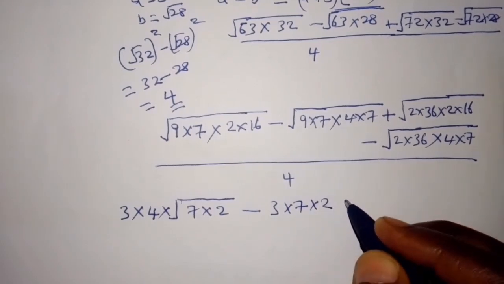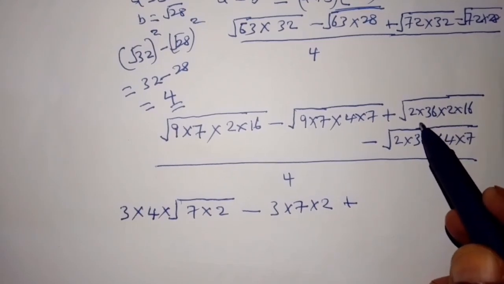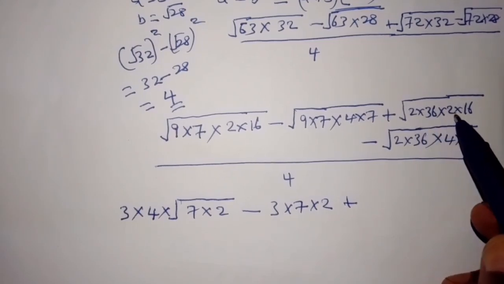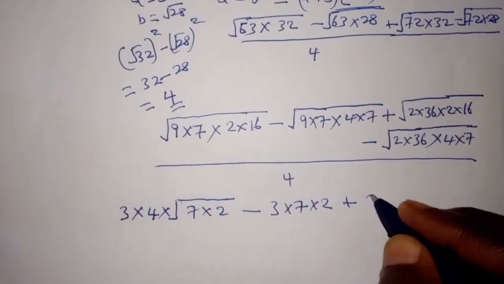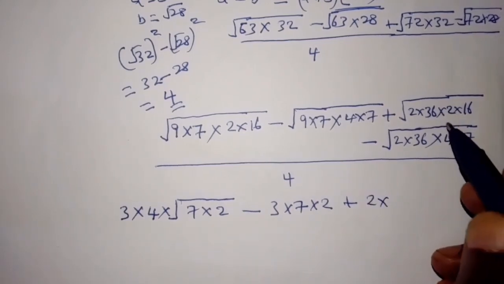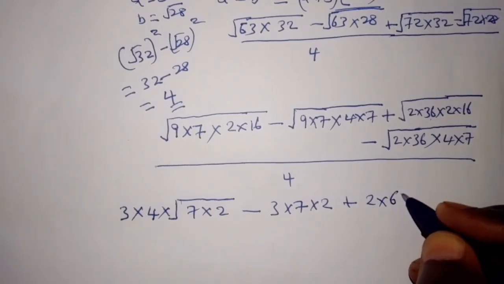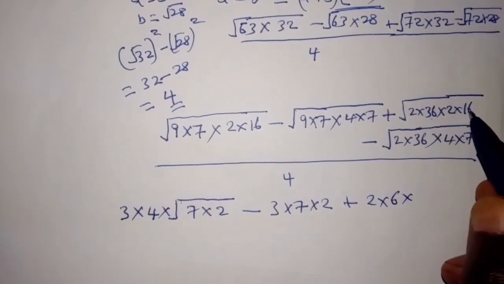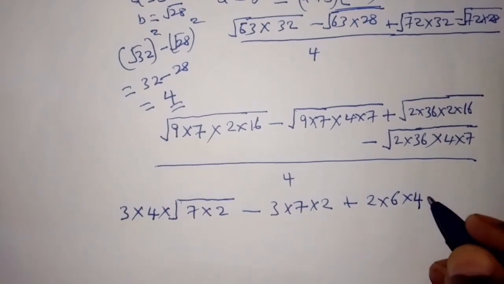Then we add 2 times 2 is 4. Square root of 4 is 2. Square root of 36 is 6. Square root of 16 is 4. Then we subtract.